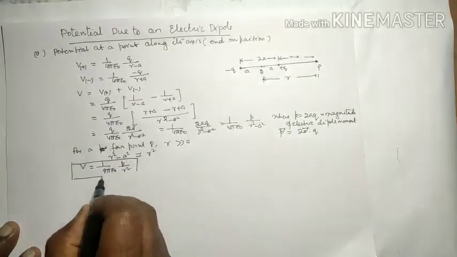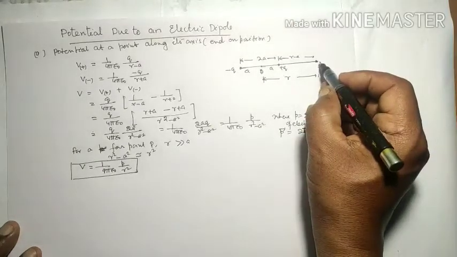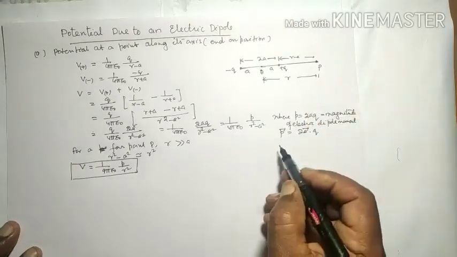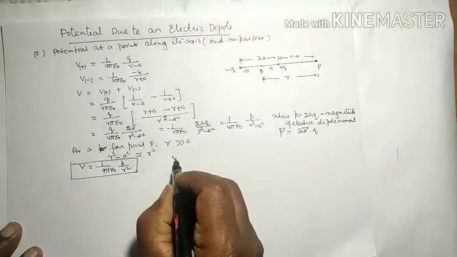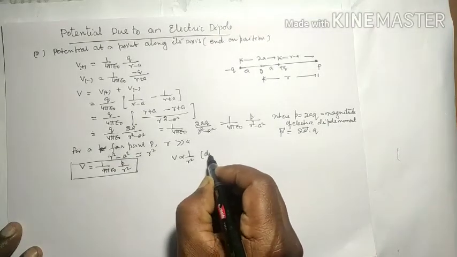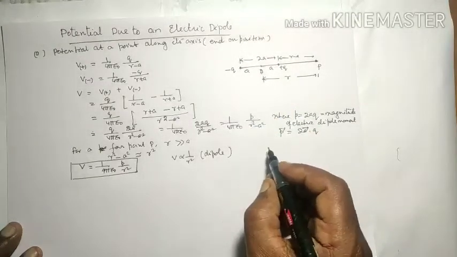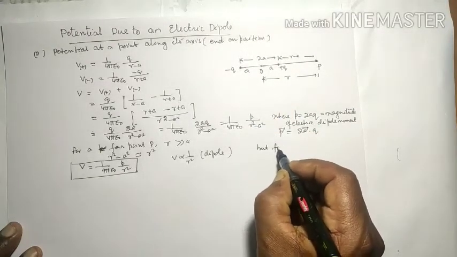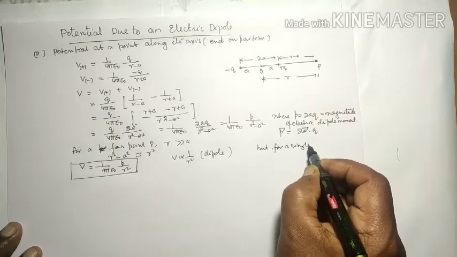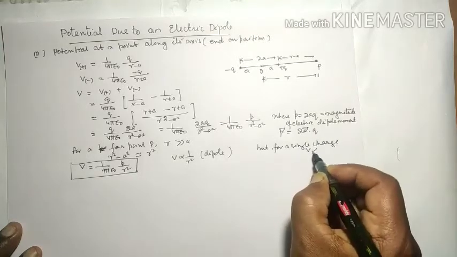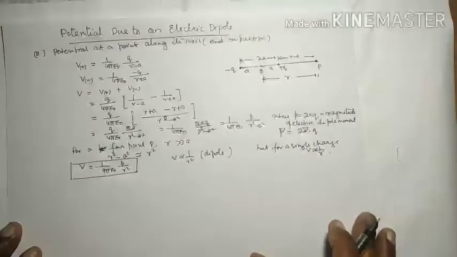This is the electric potential at the point P on the dipole axis. Here you note that V is proportional to 1 by r square in the case of a dipole, which consists of two charges minus q and plus q. But for a single charge, V is proportional to 1 by r. This is the difference.